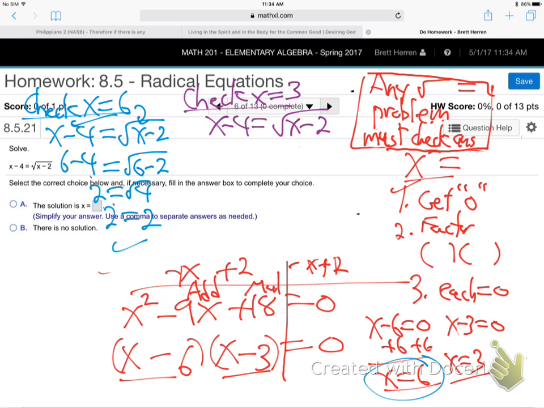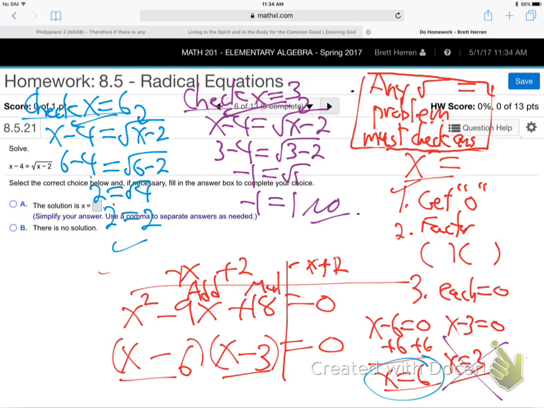So now I'm going to plug in 3. 3 minus 4 is the root of 3 minus 2. Negative 1 is the root of 1. What's the square root of 1? It's just 1. It's not negative 1. Well, this is no. So throw away the 3. The 3 is what we call a false answer. Only the 6 is the real answer to the problem.